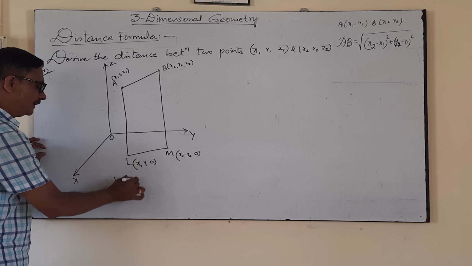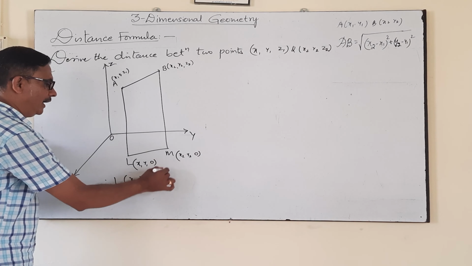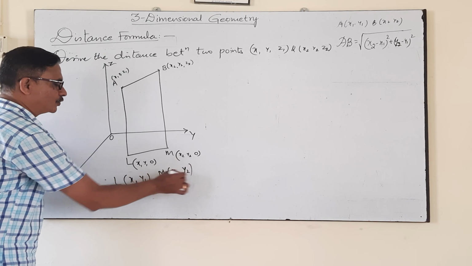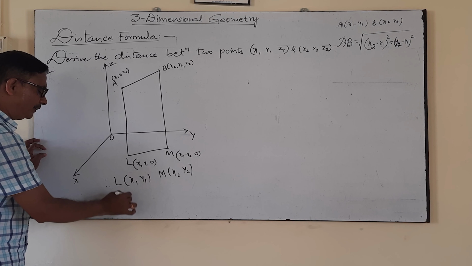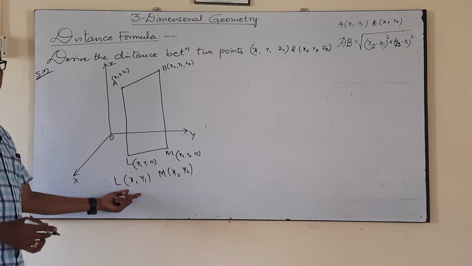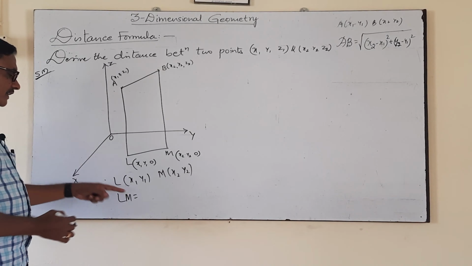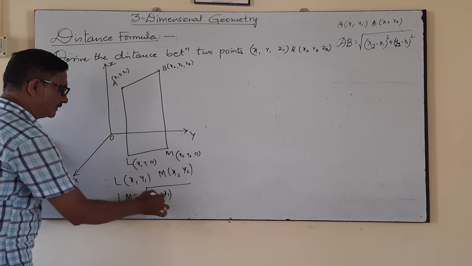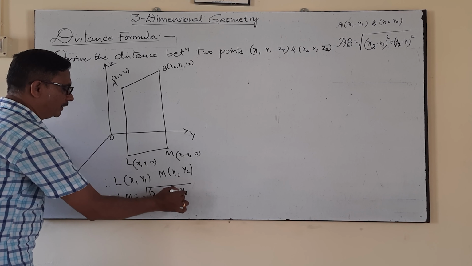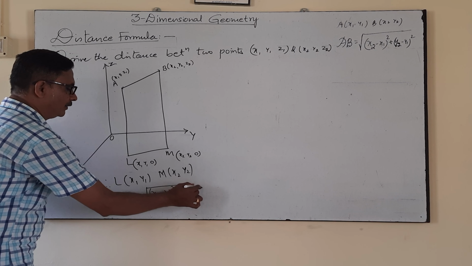Therefore L is (x1, y1) and M is (x2, y2). We got only two values. Therefore LM is equal to, by the formula you know from earlier classes, the distance between these 2 points: square root of (x2 minus x1) to the power of 2 plus (y2 minus y1) to the power of 2.